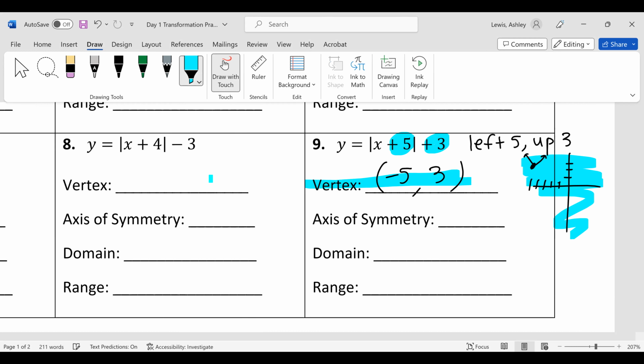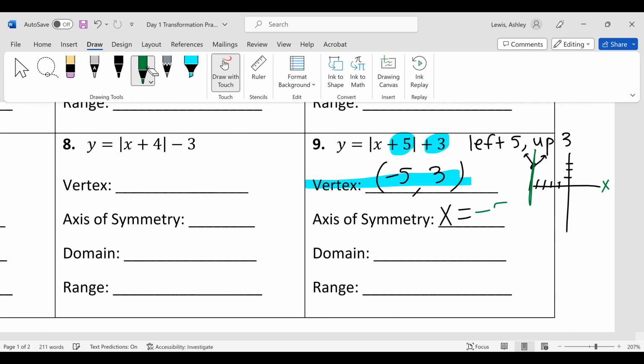Now let's do the axis of symmetry. It'll be x equals, well, if I draw a line through the graph that I just drew, this line right here, what x value is that at? Yep, well, it went left 5, so it's at negative 5.